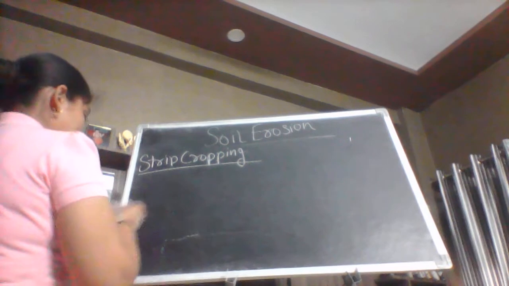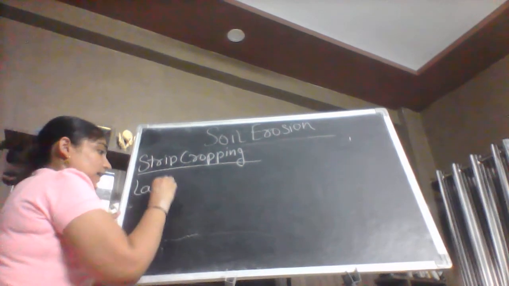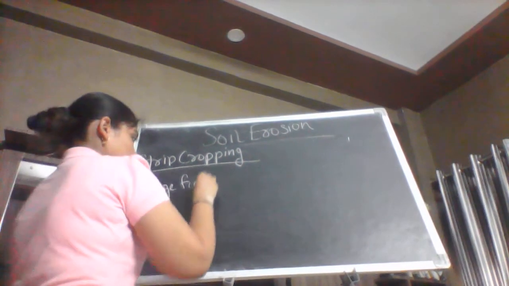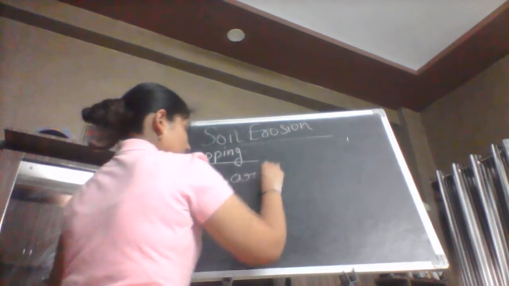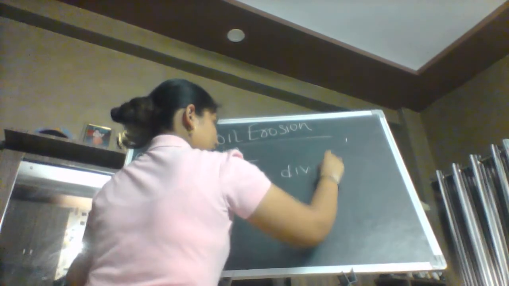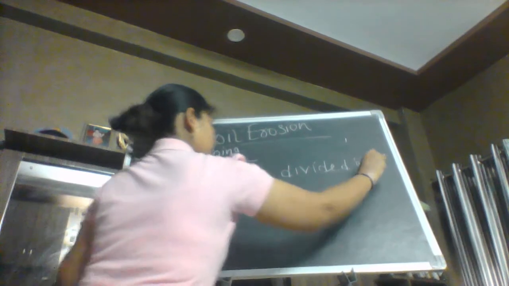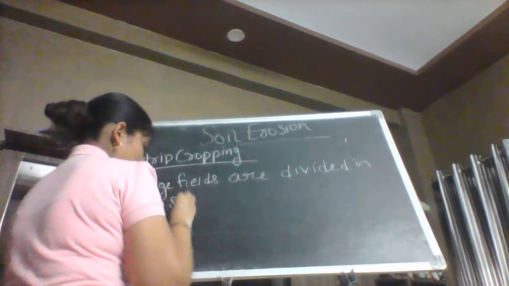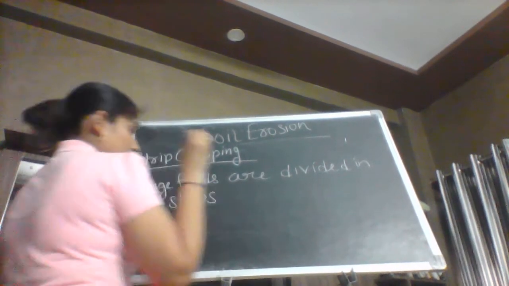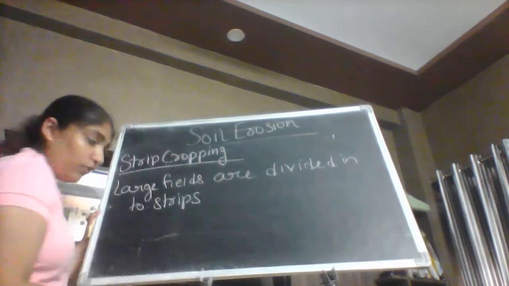Strip cropping is that कि large fields are divided into strips. Strips are the narrow piece of something. Okay, strips.